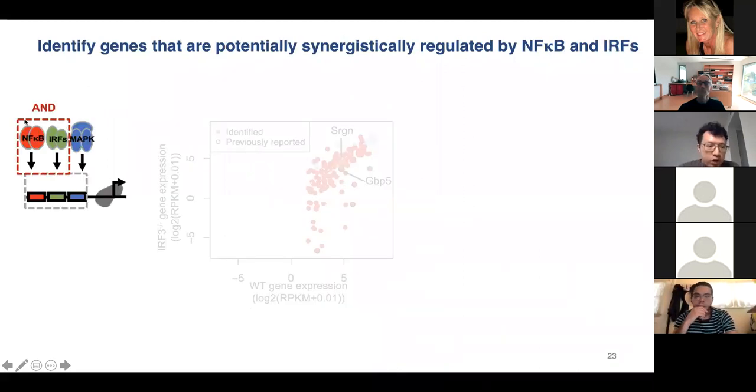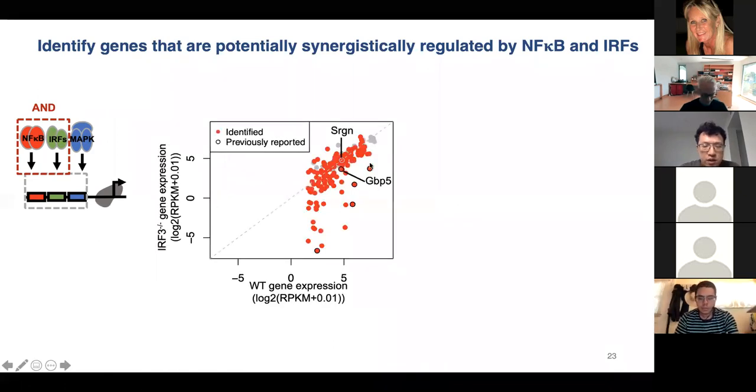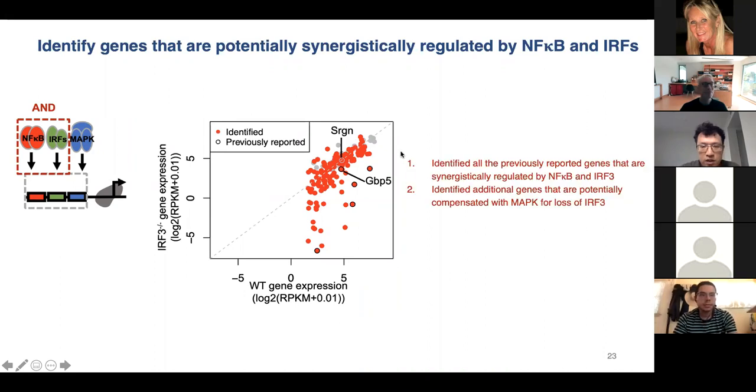Next, we fully focus on the NF-κB and IRF synergistically regulated genes. We included all those genes and plotted them here by comparing their wild-type gene expression and IRF3 knockout. You can see we identified all the previously reported five genes synergistically regulated by NF-κB and IRF, shown with the black circle.